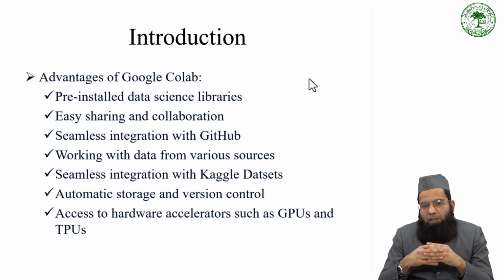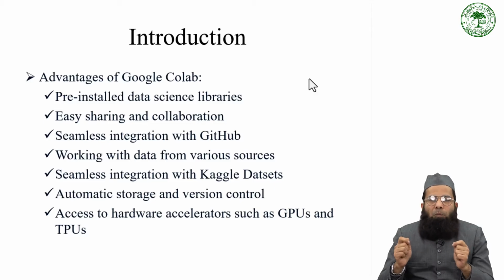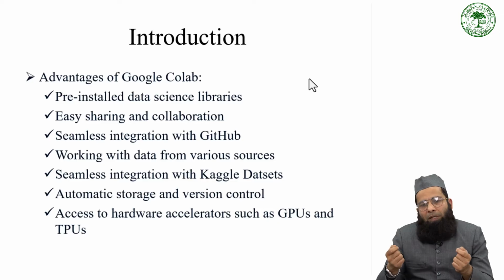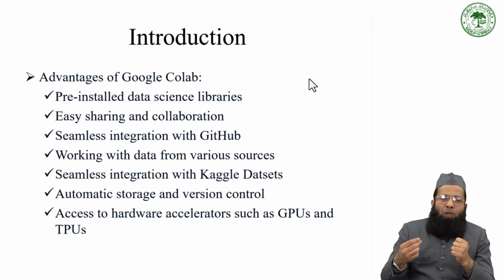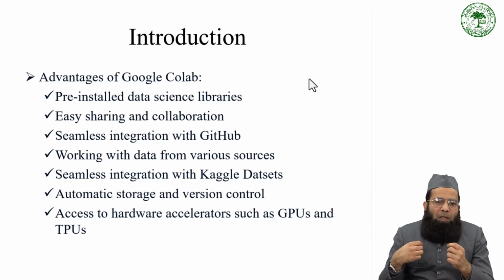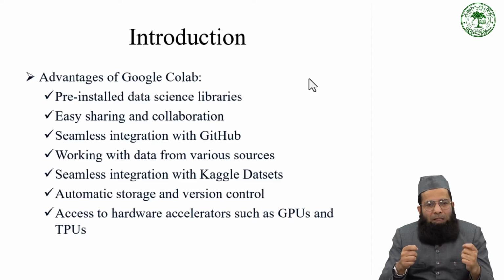Automatic storage and version control. So once you write code on Google Colab using the Jupyter Notebook, as soon as you write the code and execute it, it will automatically be stored. So you need not store again and again. It is the responsibility of Google Colab to store all the files.